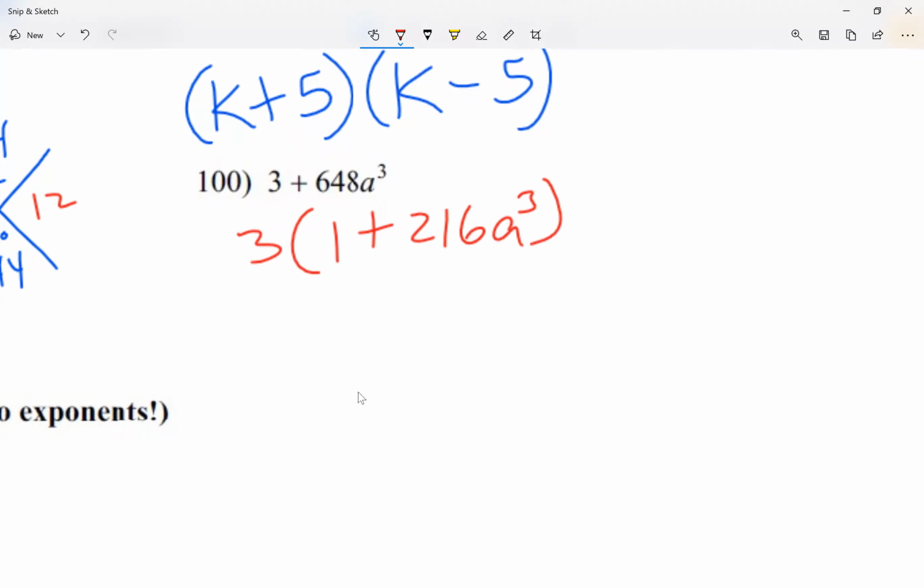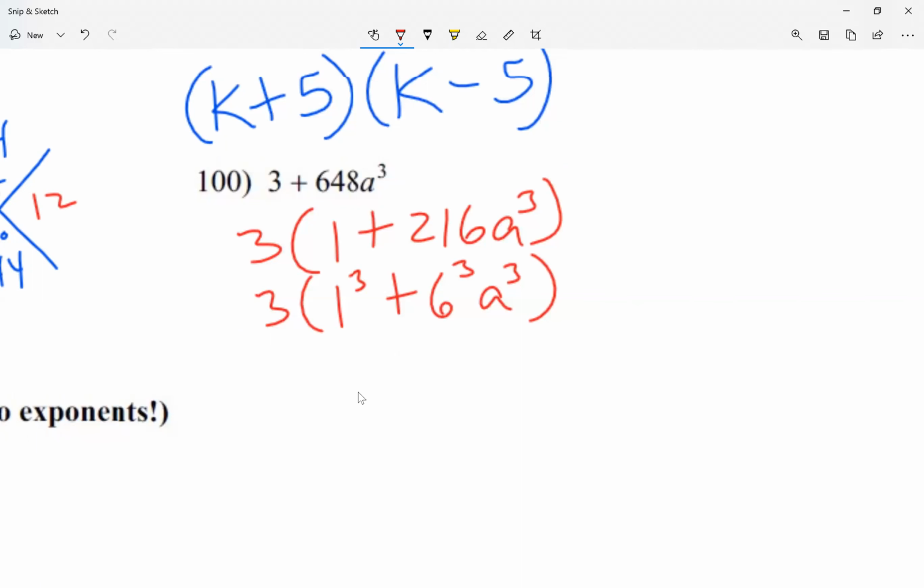I think that inside of the parentheses now, I can write it as everything to the third. So I have a 3 on the outside, right? I can write this as 1 to the third plus 6 to the third, which is 216. I was able to write everything to the third.